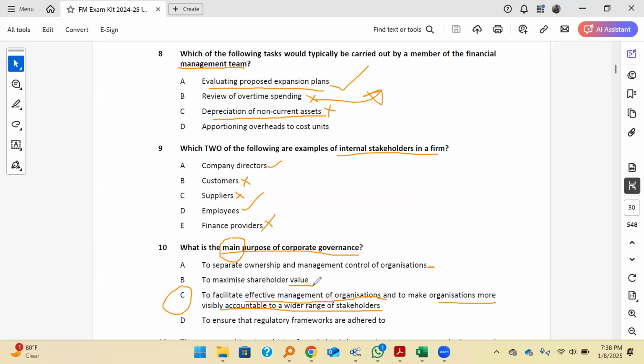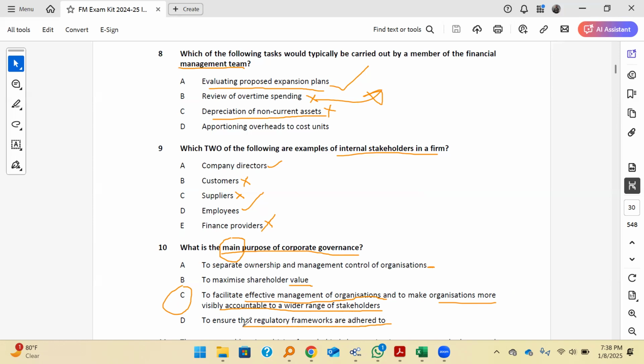So corporate governance came to remove that, basically by saying, okay, shareholders are happy, but also make sure the employees are not having issues, make sure customers are not disgruntled because the quality is not good, such things. And then also ensure that regulatory frameworks are adhered to.